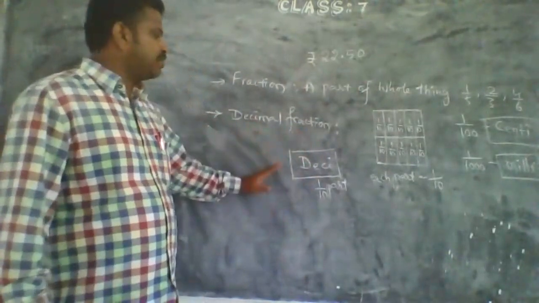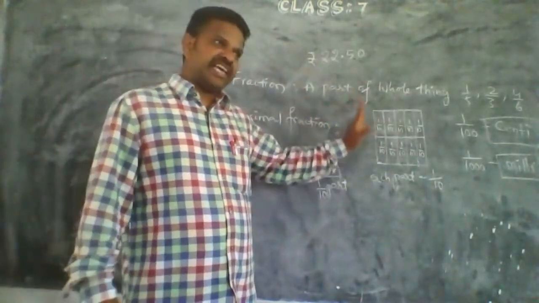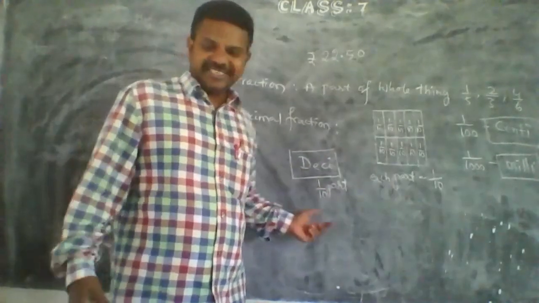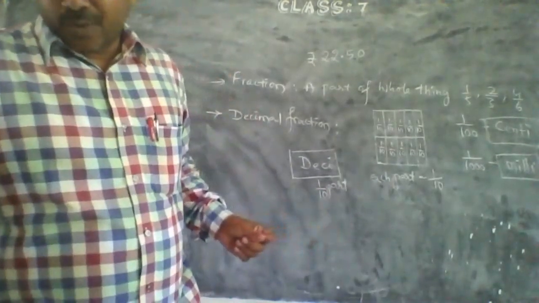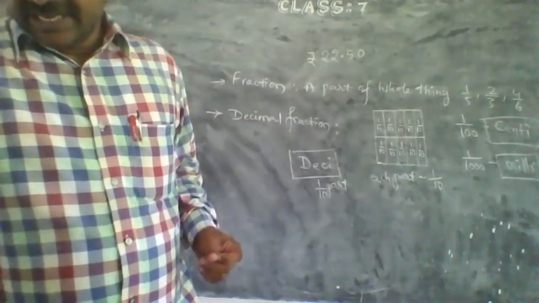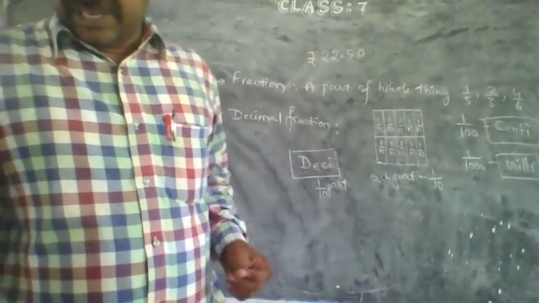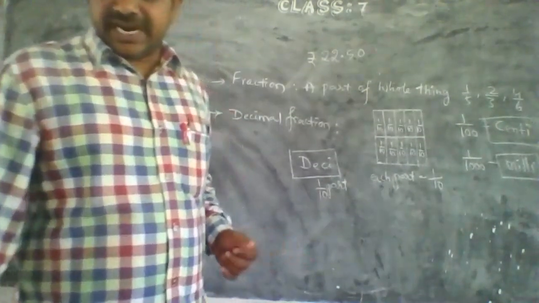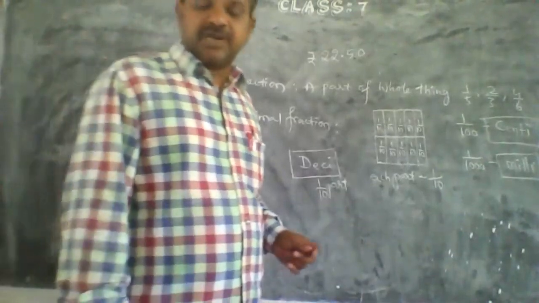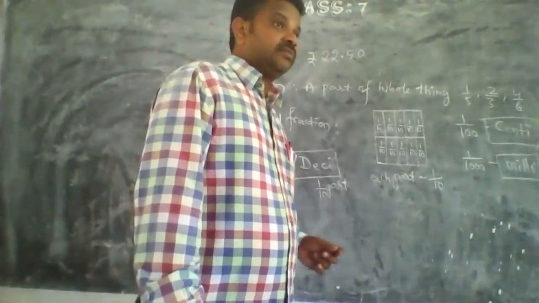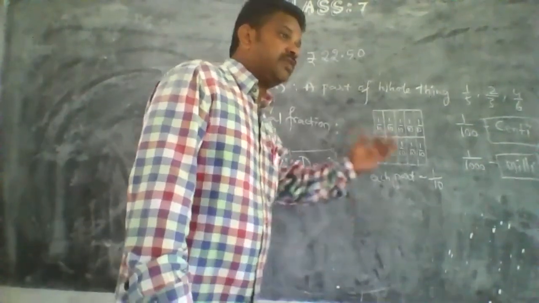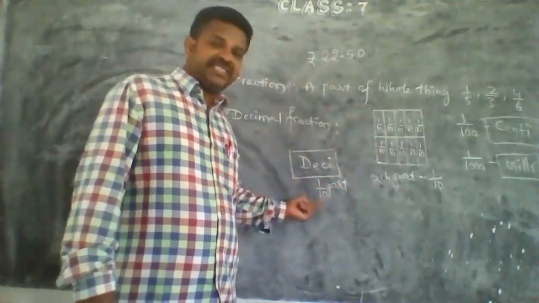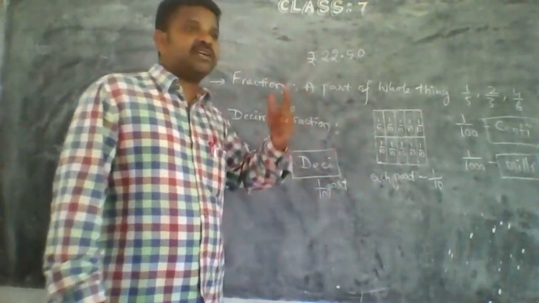This is about the parts. 1/10 of a whole is deci. The 100th is the 10th part of 1/10, and the 1000th is the 10th part of 100th. So deci means 1/10 part of a whole.